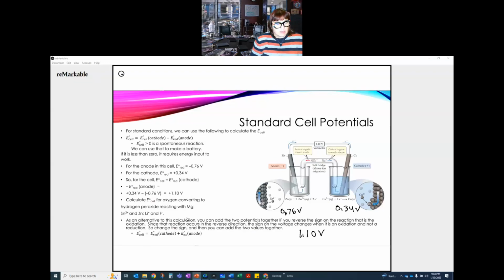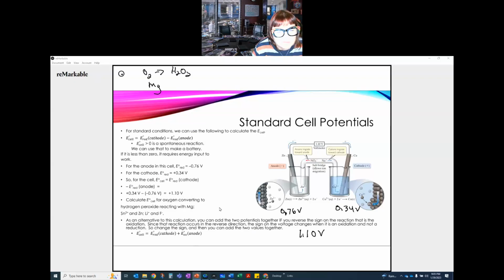All right. Calculate E naught cell for oxygen converting to hydrogen peroxide, reacting with Mg. So we want to talk about oxygen going to H2O2 and reacting with Mg.